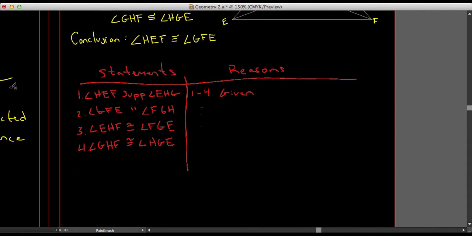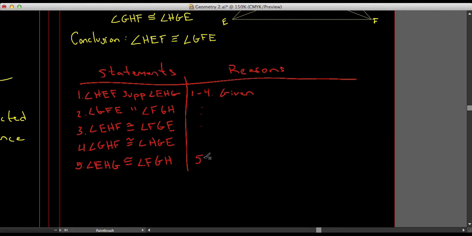So let's put that. Our fifth statement is that angle EHG is congruent to angle FGH.